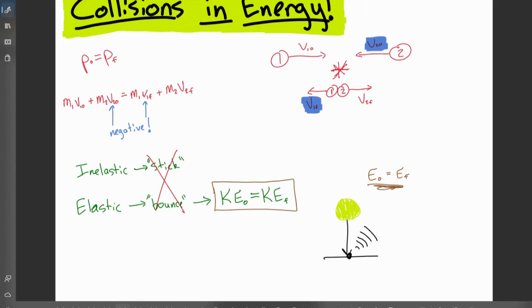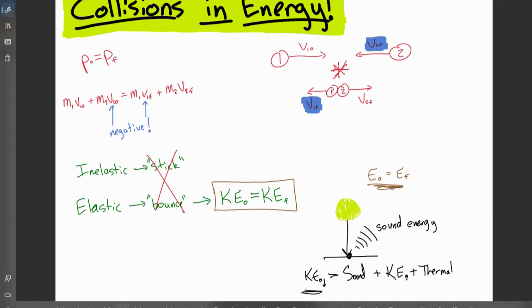So some of the energy that the ball had initially is dissipated as sound energy. We start with some kinetic energy, then we get some sound energy, and then it moves back up, so there's some kinetic energy back up. But then there's a little bit of thermal energy. The tennis ball heats up a bit, which is kind of interesting.